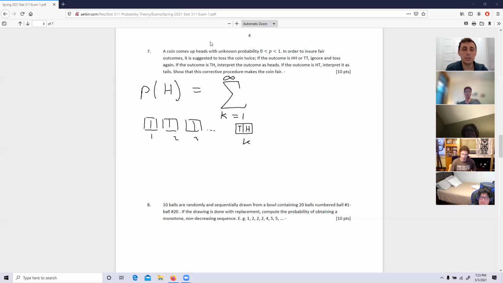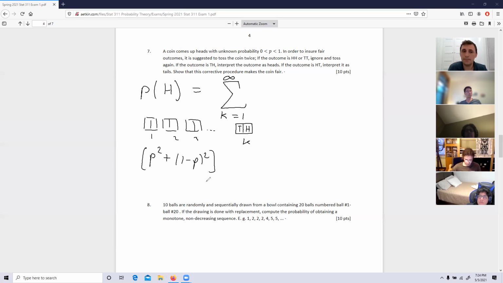My apologies. Right. So what's the probability that I don't get head-tail or tail-head? It's p squared plus (1 minus p) squared. You agree? Because p squared means I got two heads, and (1 minus p) squared means I got two tails, so I either got double heads or double tails, right?